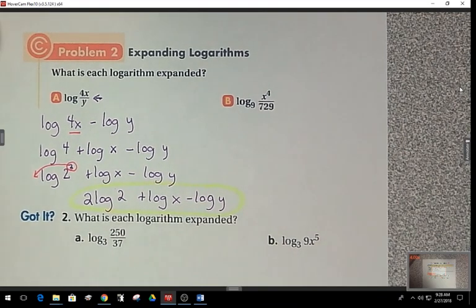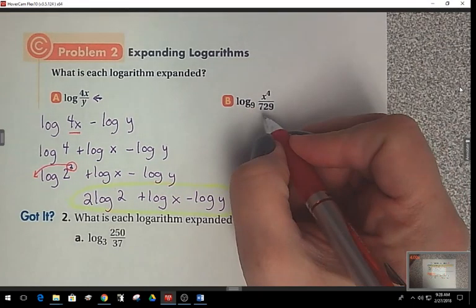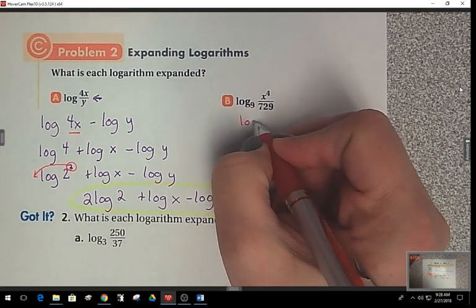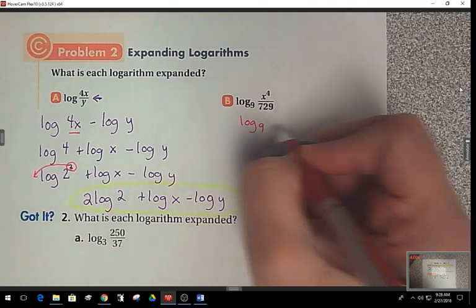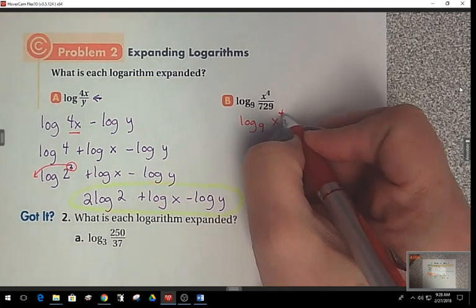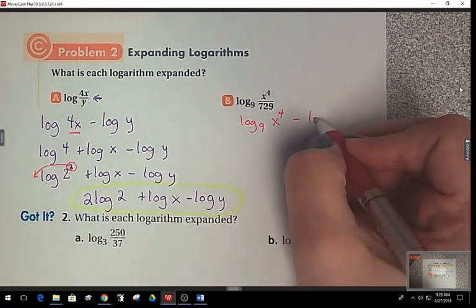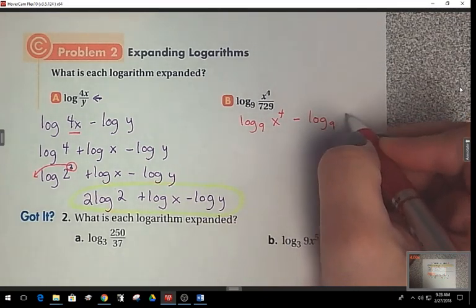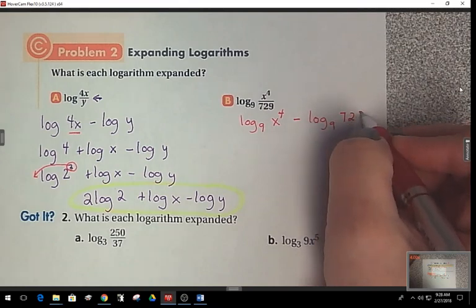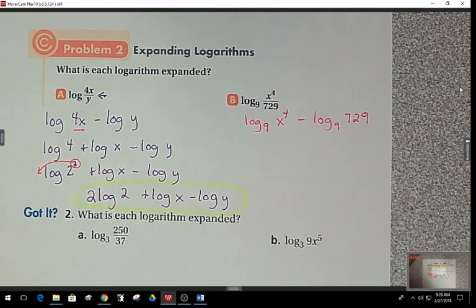All right, for part B, we're going to do the same thing. We're going to start out fixing the division part. So I've got the log base 9 of x to the 4th minus, since it was division, log base 9 of 729.